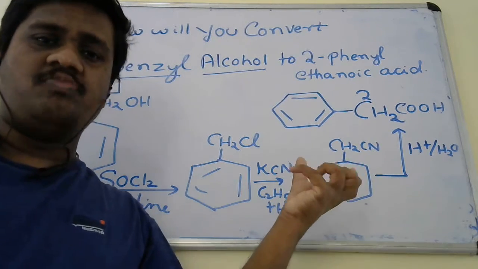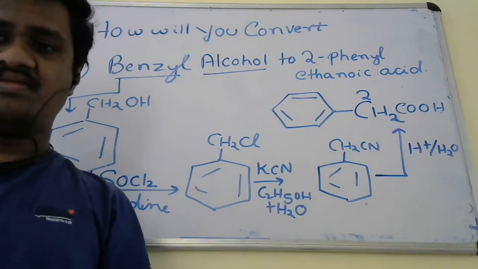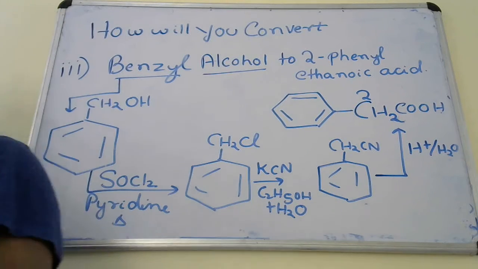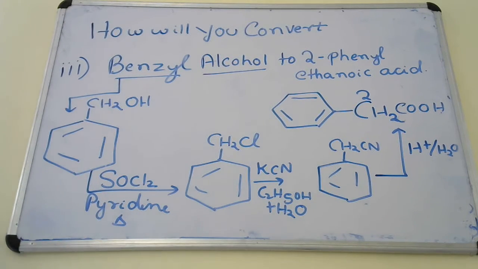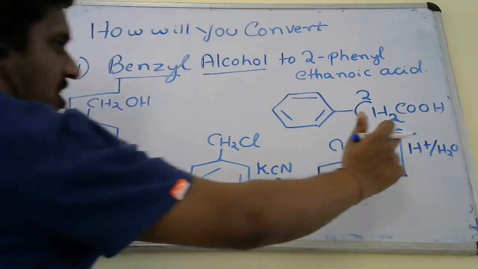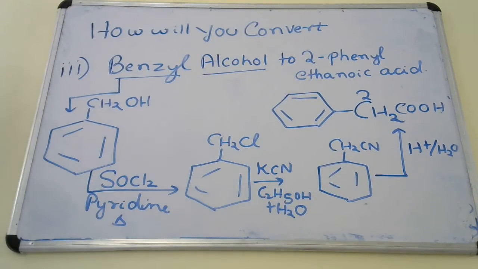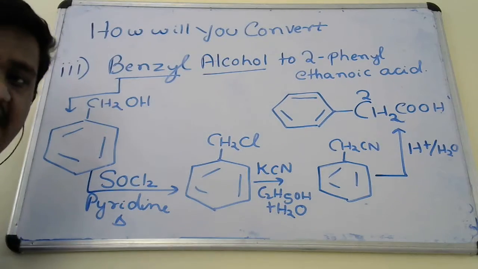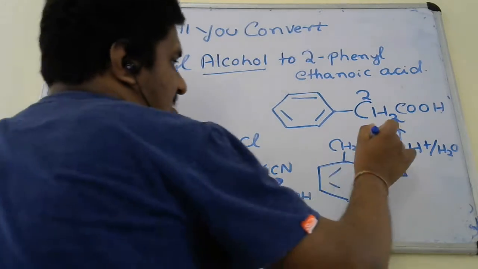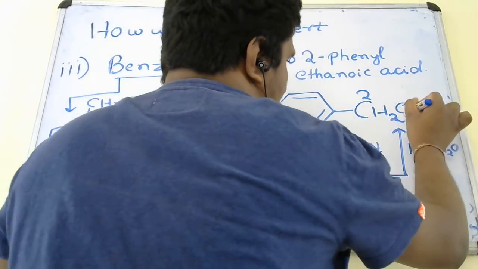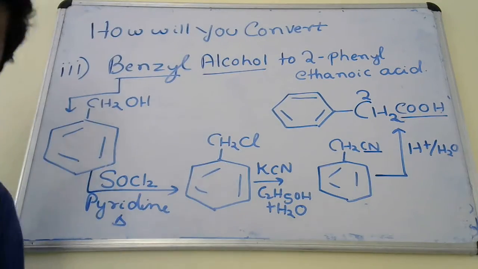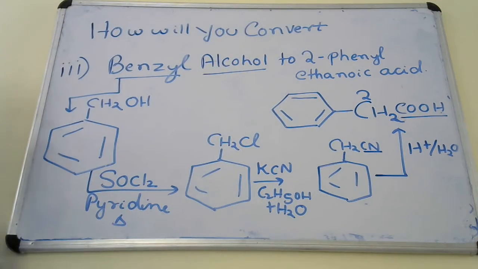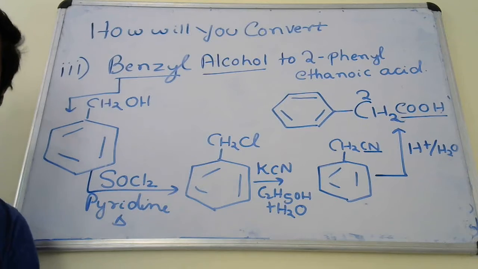When you acid hydrolyze any cyanide group, means you provide a small amount of concentrated acid in presence of water, the cyanide group will be converted into a carboxylic group.